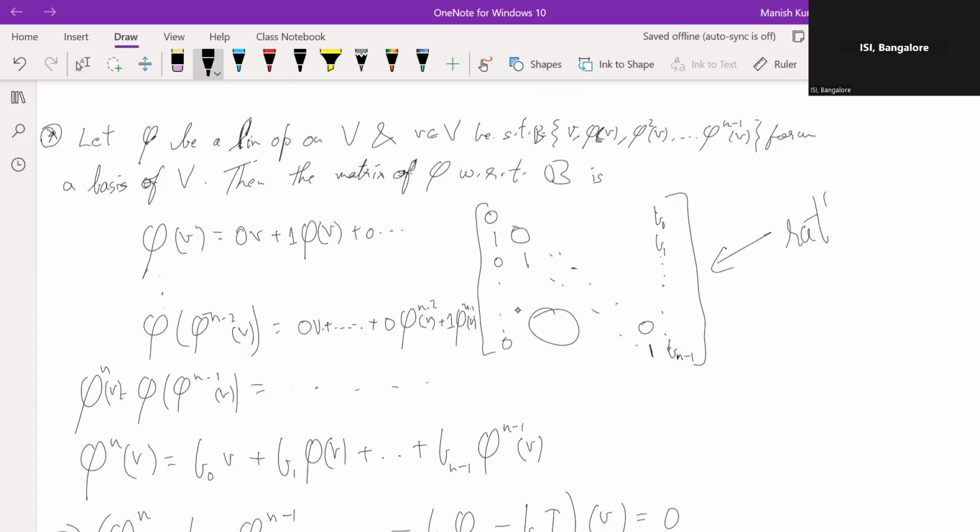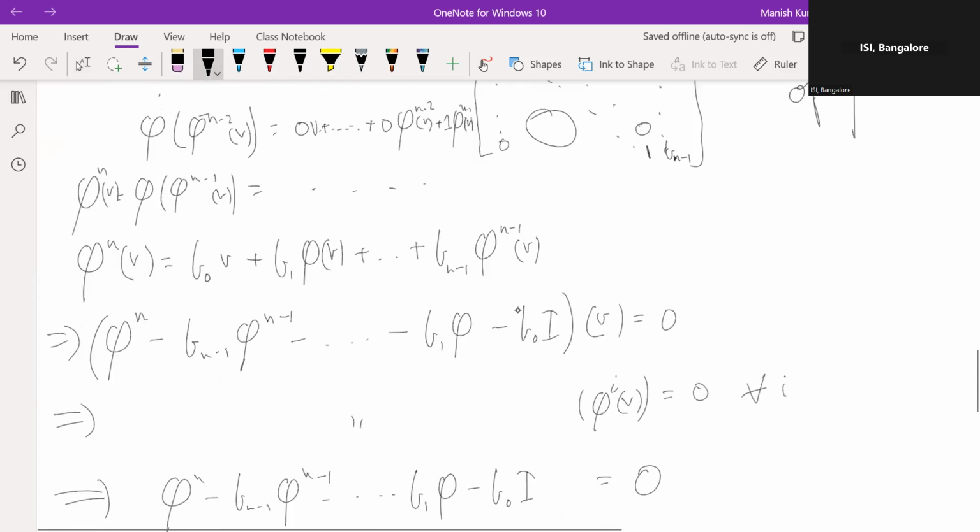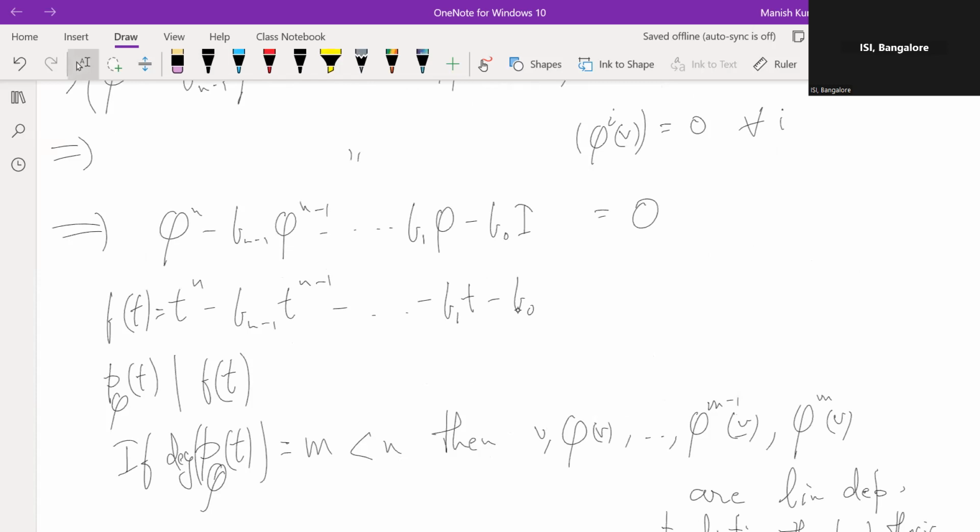So I'm not going to talk too much about it. Rational form of phi. Okay. So one can define rational form for linear operators where this is not necessarily true. The characteristic polynomial and minimal polynomial may not be the same, but that requires a little more analysis and sort of requires the structure theorem.